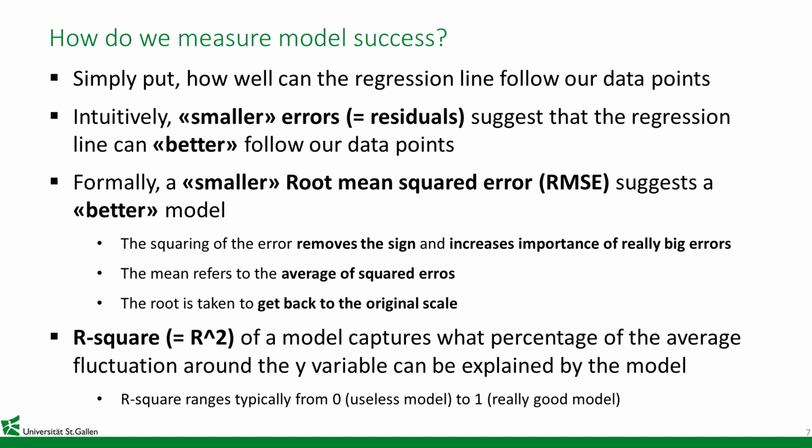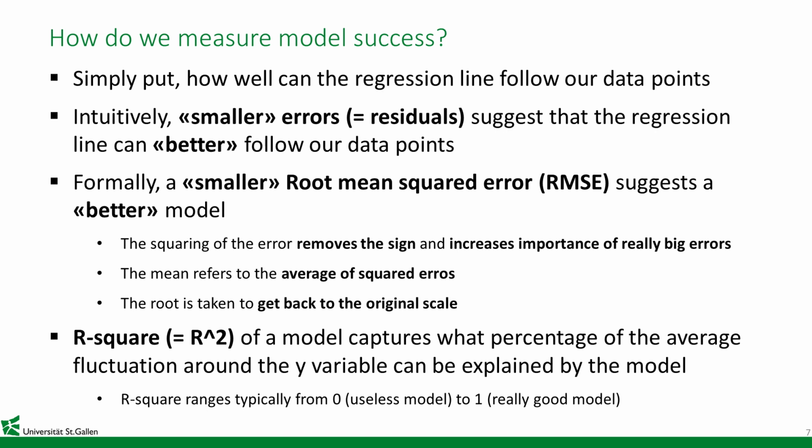Now, if you want to do this in a formal way, so with mathematics, you would just say that the smaller root mean squared error suggests a better model. Now, this sounds like a really fancy term, root mean squared error, but it's actually quite simple if you work backwards. So we have the error, the E, right? Then we have an S, which stands for the squaring. So the squaring of the error removes the sign, so the over or underestimation. And in addition, it increases the importance of really big errors.